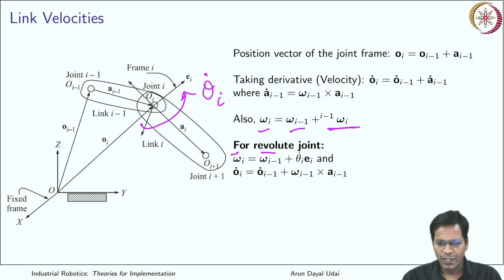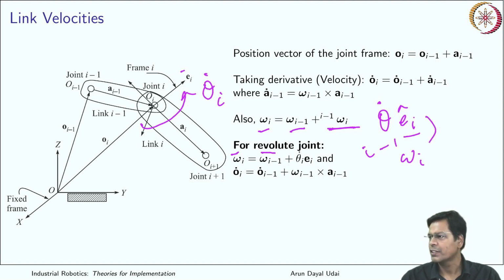Let us say ei is a unit vector about which this link is rotating. Got it? So that may be your z axis that is placed at the joint. Got it? So this is your ei vector. So if that is a unit vector, and you multiply that with your magnitude, what do you get? You get omega i-1. Got it? Both are the same. Okay. So I have written it out here as this.